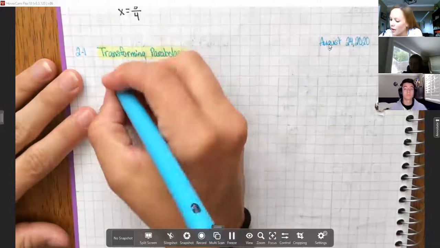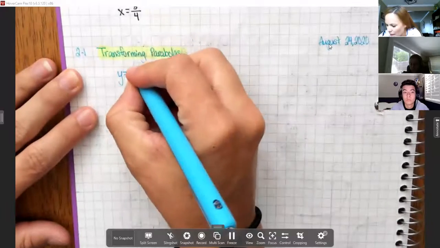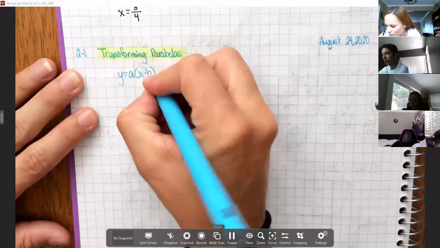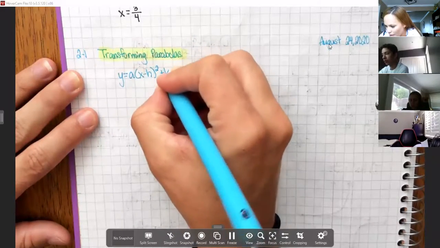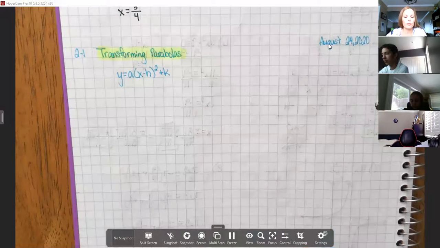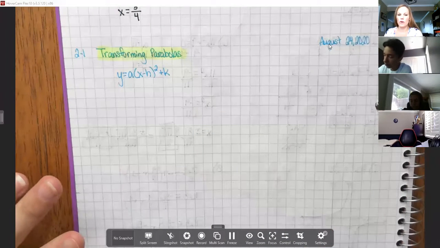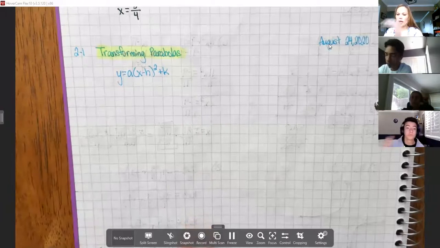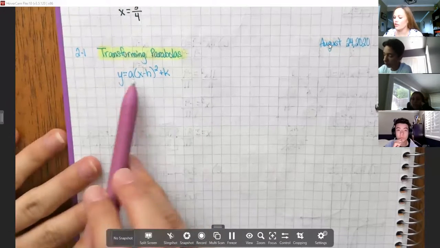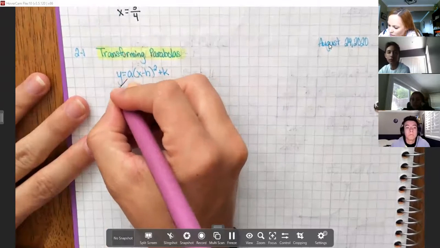So transforming parabolas, remember, hopefully we remember the equation y equals a times x minus h squared plus k. So just to kind of review what each of these does, A does two things.